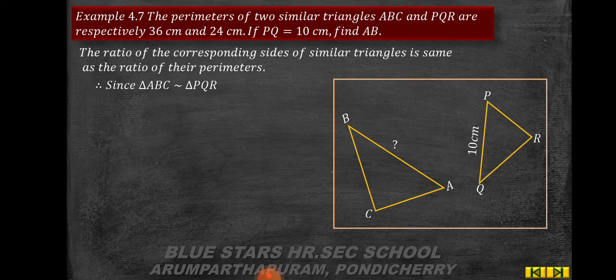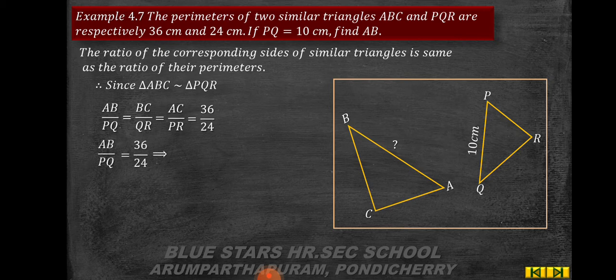Since triangle ABC is similar to triangle PQR, AB by PQ is equal to BC by QR is equal to AC by PR, which is equal to 36 by 24.